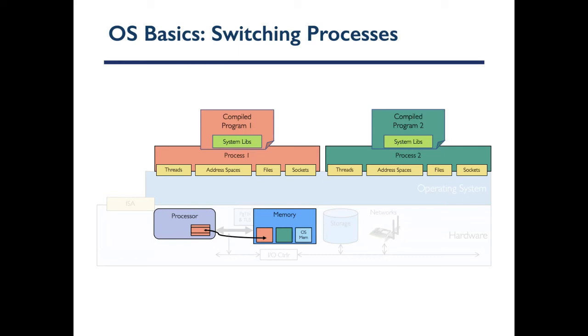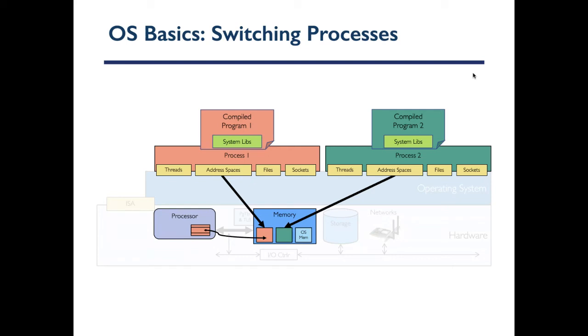Okay, now let's say we want to switch from process 1 to process 2. What do we do? Well, the first thing to note is that each one of these processes has its own address space, has its own memory allocated inside the memory.